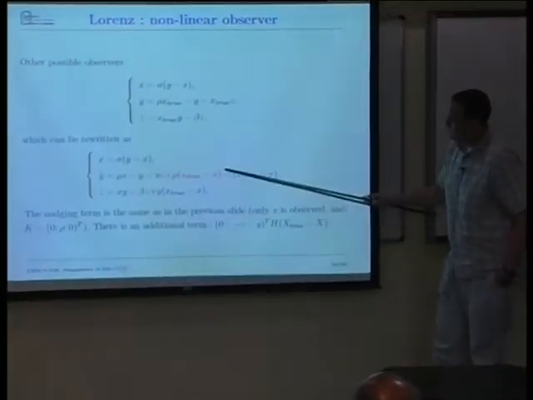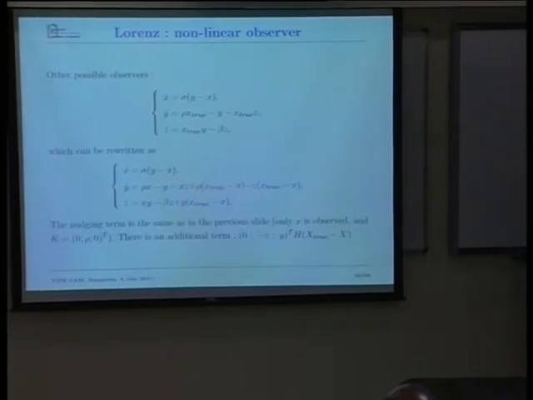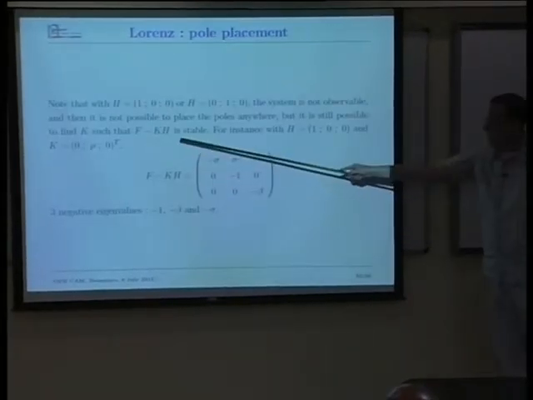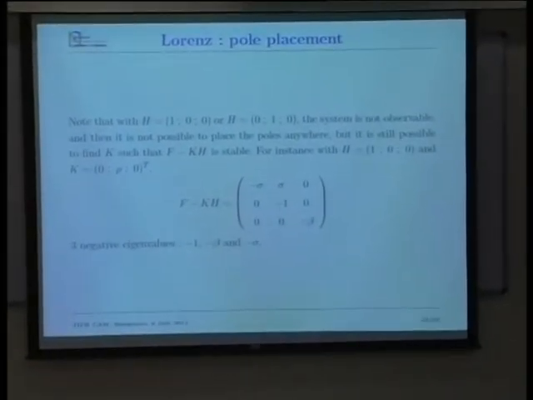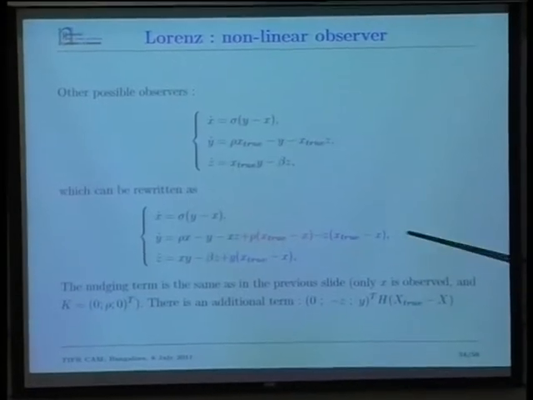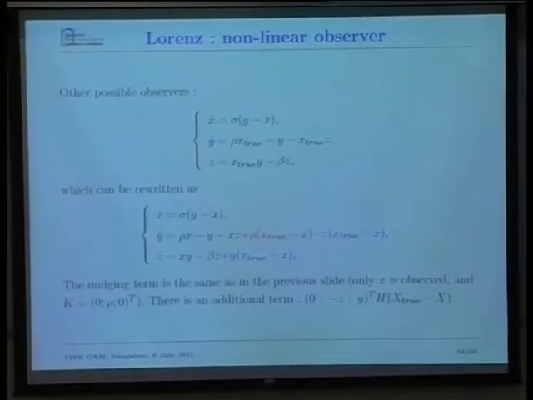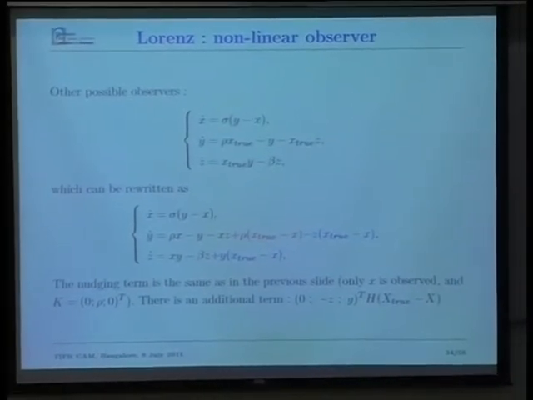And here in red, you have the previous nudging term that we found just before, the one that makes F minus KH stable. And then I add these two blue terms, which are also nudging terms, but not constant in time.